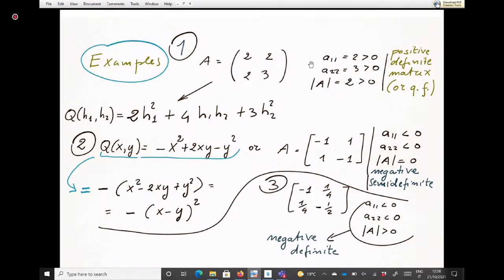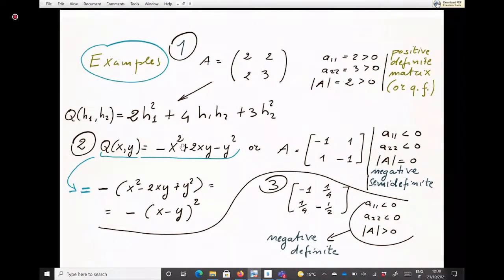This means that you can build the corresponding quadratic form and give to h1 and h2 any value, and you always get a positive result. Okay, look at this one. The matrix has the two elements in the main diagonal, remember that we already learned how to switch from a quadratic form to the corresponding matrix, okay?